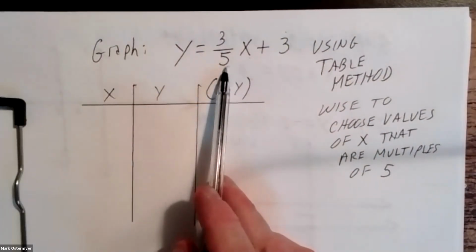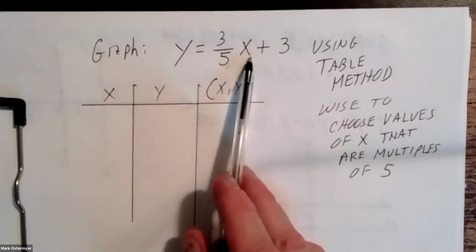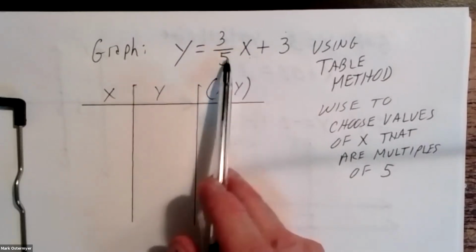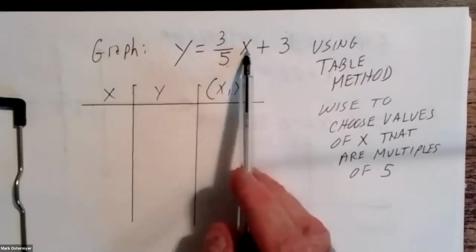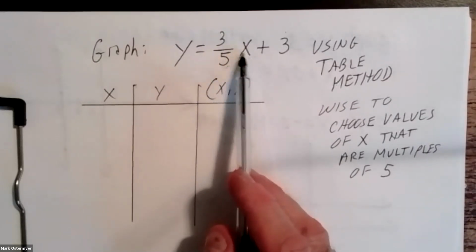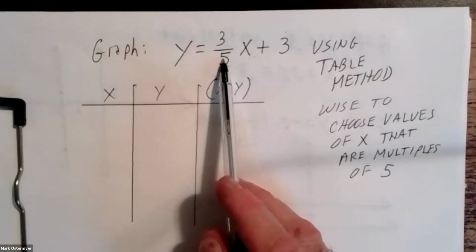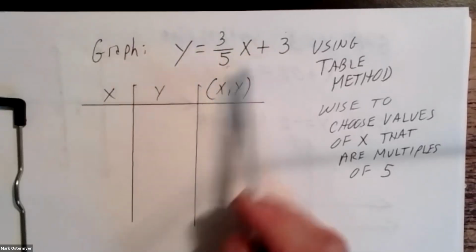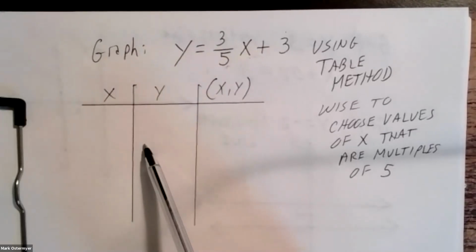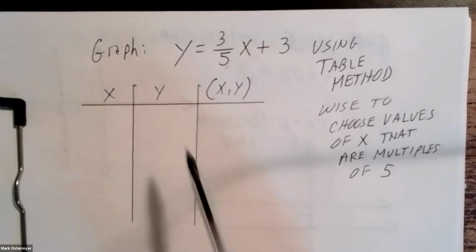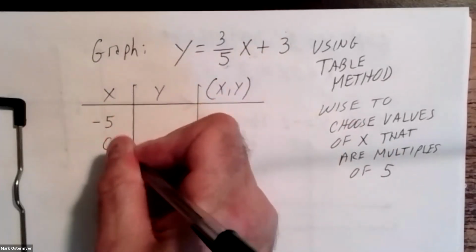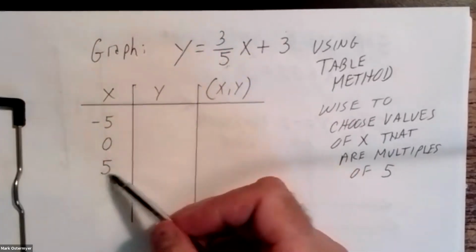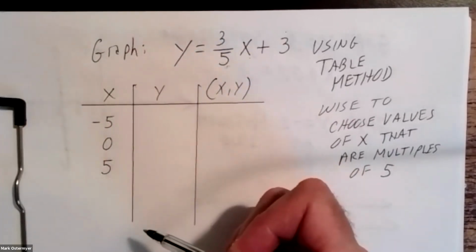Why would we want to choose multiples of 5 for x? Because if we choose multiples of 5, we're going to get nice reduction or cross cancellation here. If you don't choose a multiple of 5, then you're going to have a fraction to deal with, and your y value in all likelihood is going to be a fraction, and it's going to be difficult to plot the point if you have a fractional y coordinate. So my recommendation is to choose these values for x: -5, 0, 5. These are all multiples of 5.